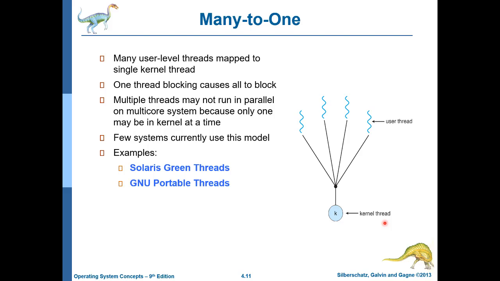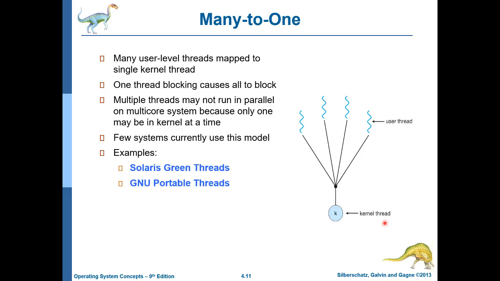It means that if these different threads need something, they will be using only one kernel thread to get their job done. The problem in this case is that if one thread blocks with the kernel, the other threads will not be able to communicate with that kernel thread. They will be blocked.